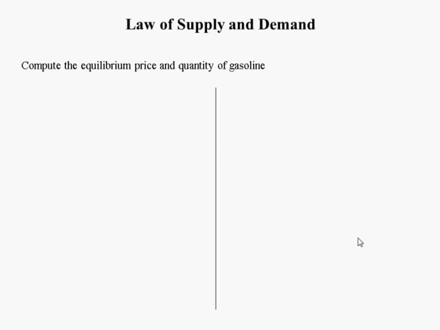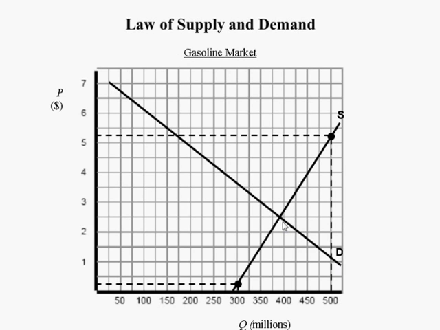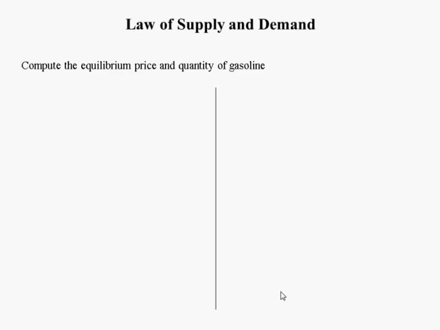Now we want to compute the equilibrium price. Well, the equilibrium price appears to be about $2.50. And quantity supplied and demanded look to be the same, between 375 and 400 million gallons of gasoline per day. So how do you compute the equilibrium price and quantity of gasoline?